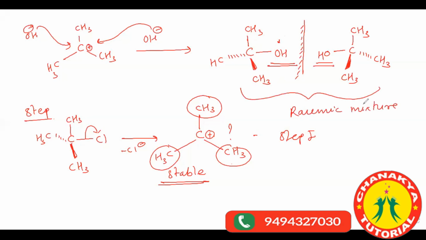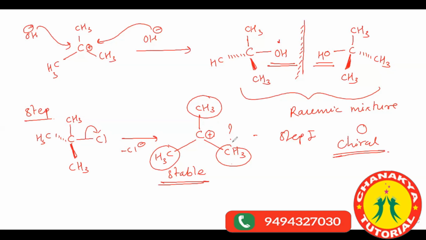This racemic mixture can neutralize each other, so we can't say the configuration is certain, R or S. They are completely zero chiral products, because one product's configuration cancels the other's. S cancels R. Such a mixture is called a racemic mixture.